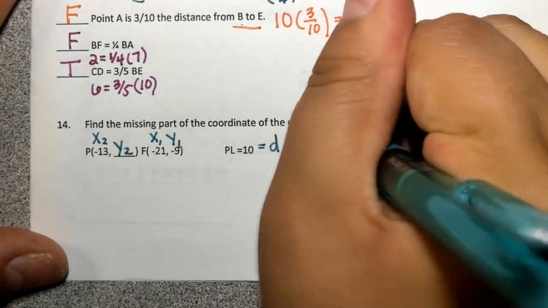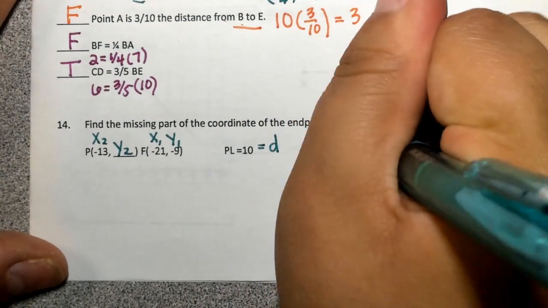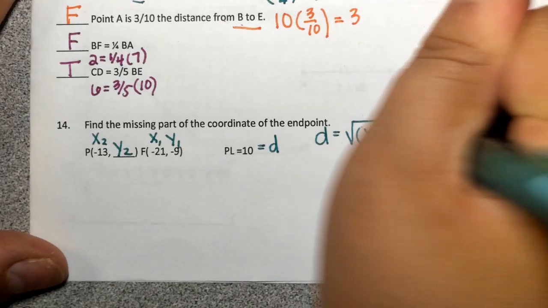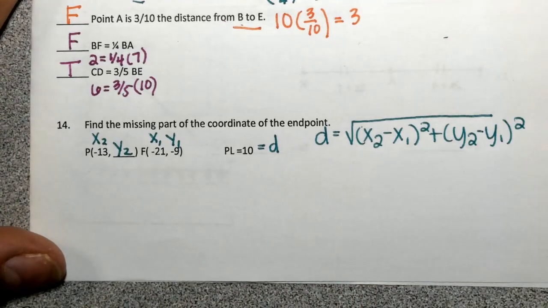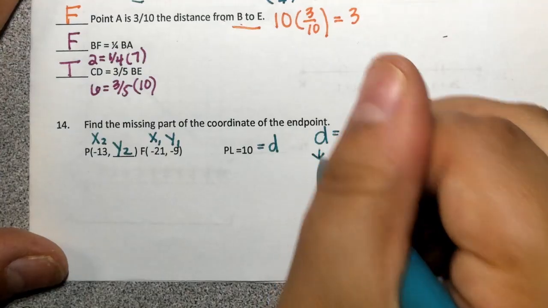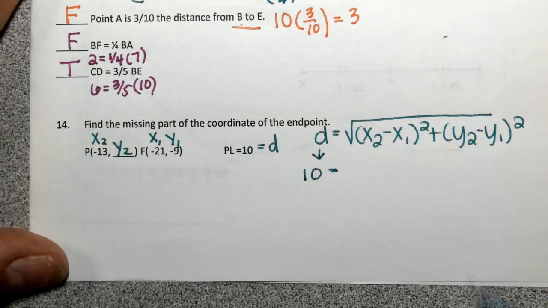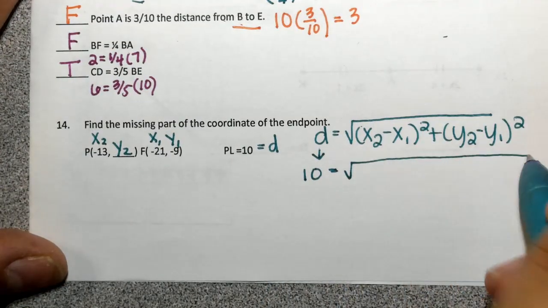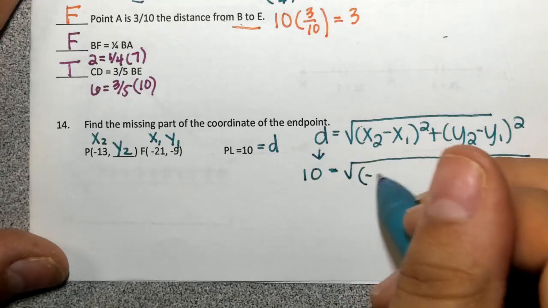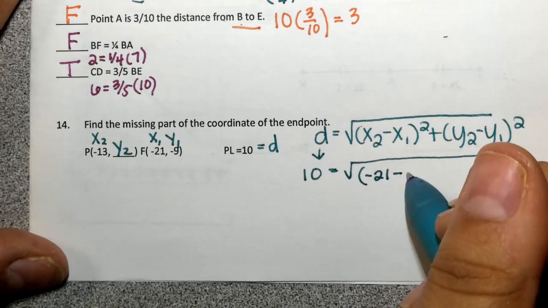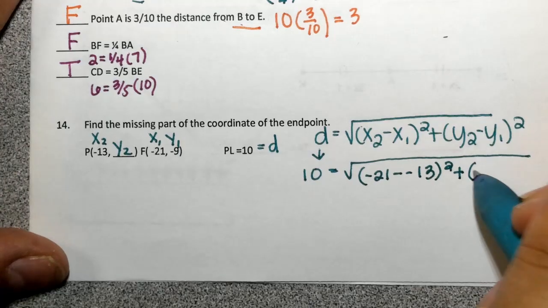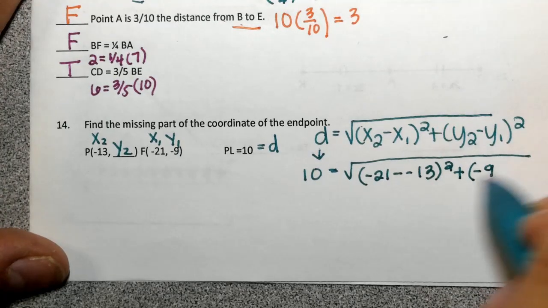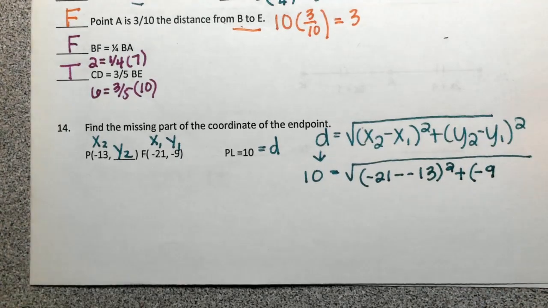So when I do my distance formula, x2 minus x1 squared plus y2 minus y1 squared, and I'm going to plug in what I know. I know the distance is 10. And I know x2, these are ugly numbers, negative 21 minus 13 squared. Nope, y2. I did that backwards.